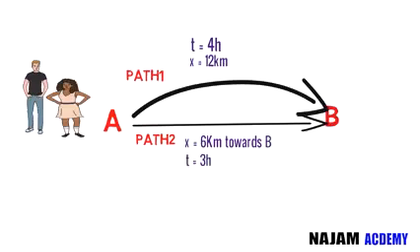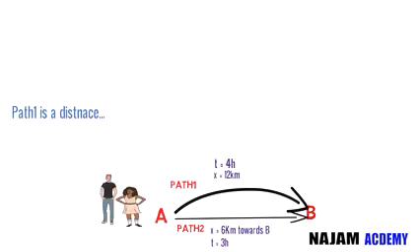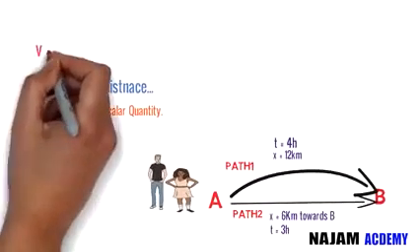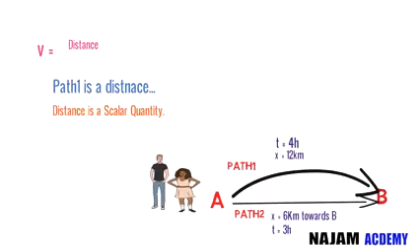So for speed, path 1 is giving us 12 kilometers in 4 hours. So path 1 is a distance, and we know distance is a scalar quantity. So if I divide the distance by time, I am getting the speed.